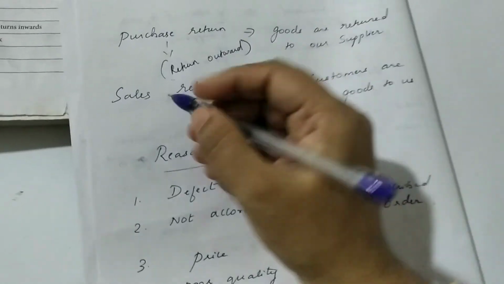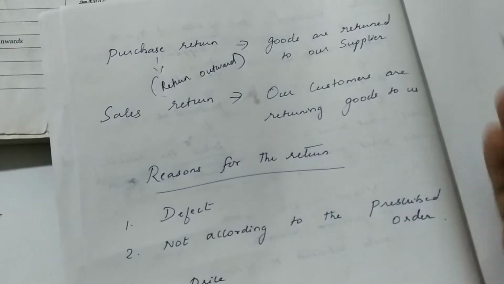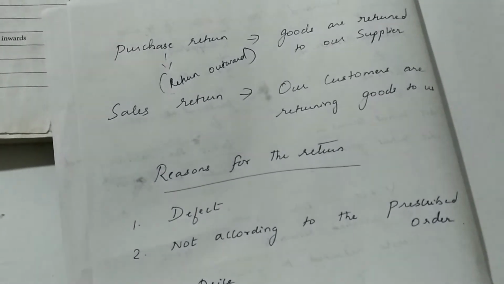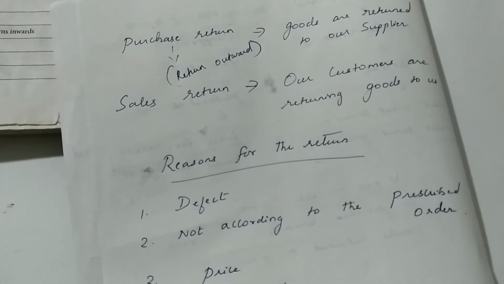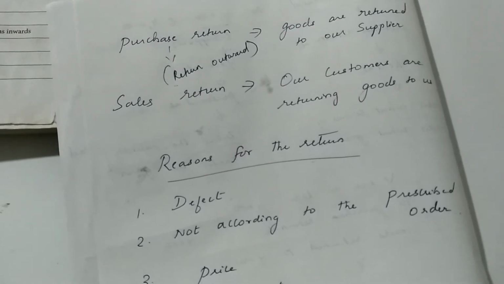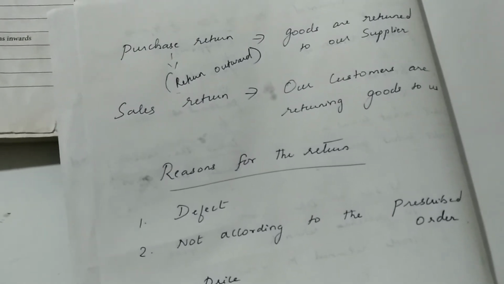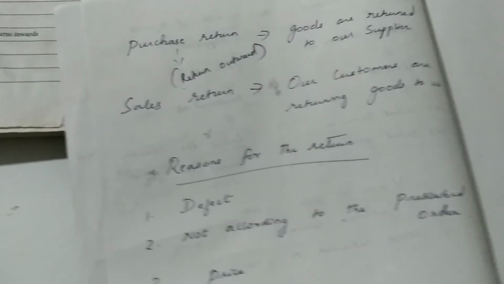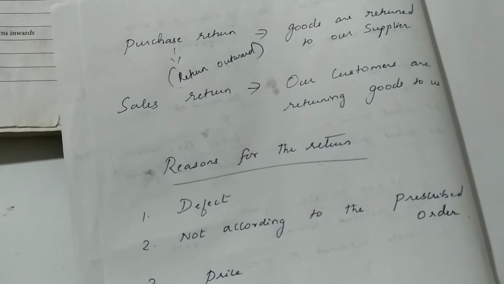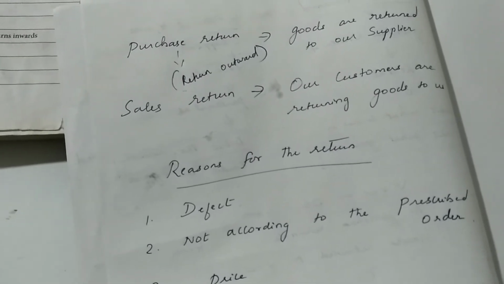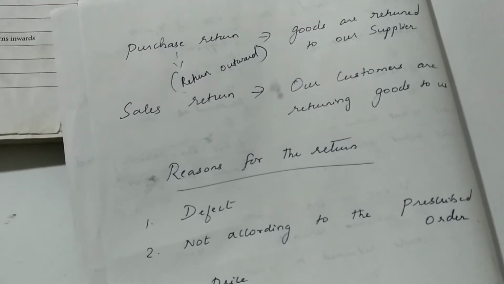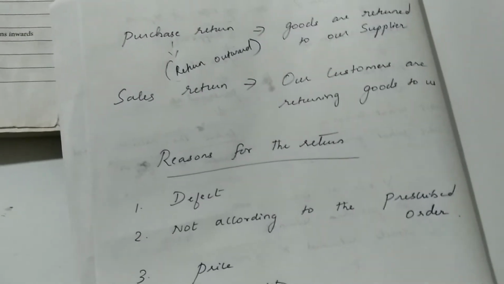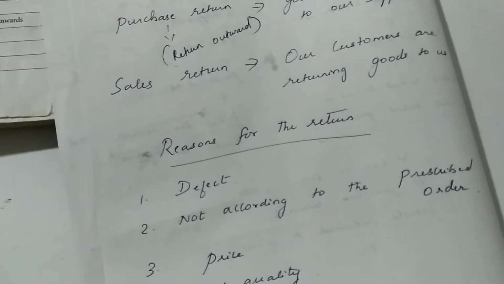Sales return. Sales return is our customers are returning goods back to us. Goods are coming back to the business. So again, the customer may think it is not according to the orders placed. They may not be convinced with the price, or it may be of a defective thing, or poor quality.